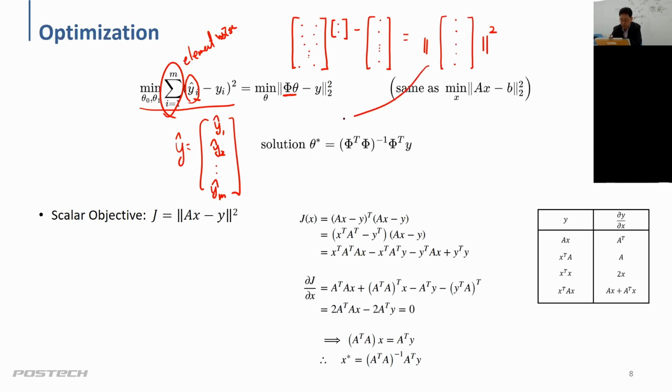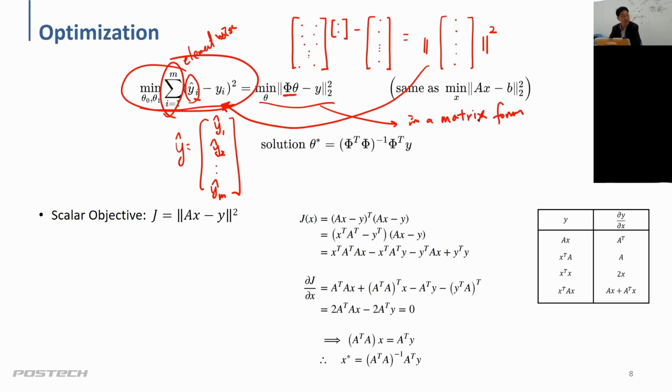That's exactly the same as the left-hand side. What I did here is write it in matrix form, which is much easier to understand. And we know that the solution is like that.